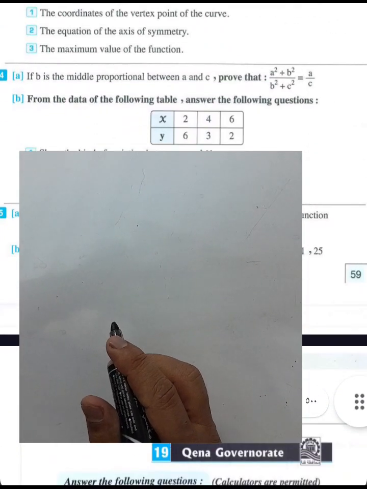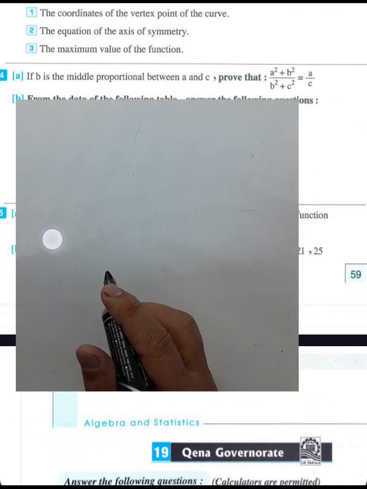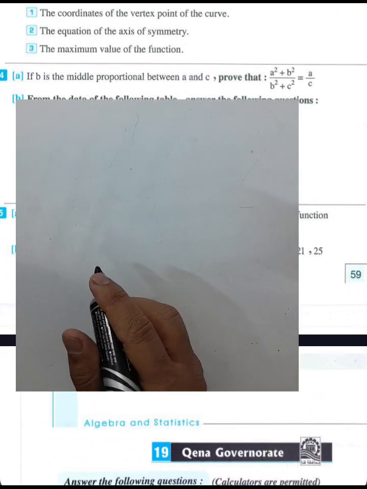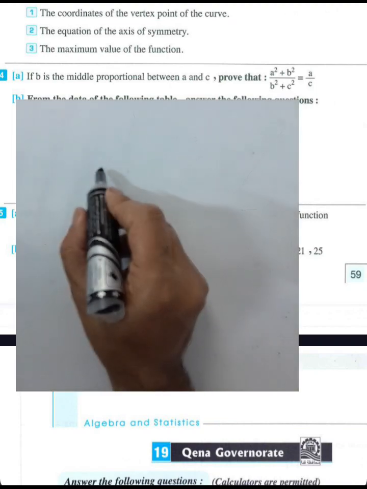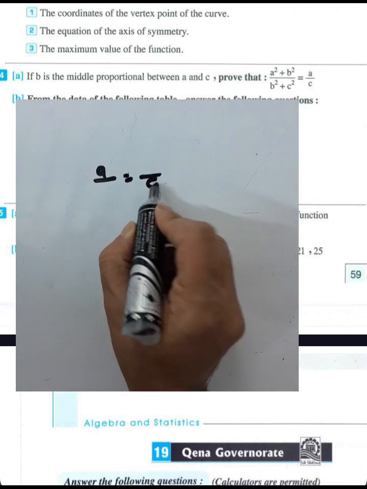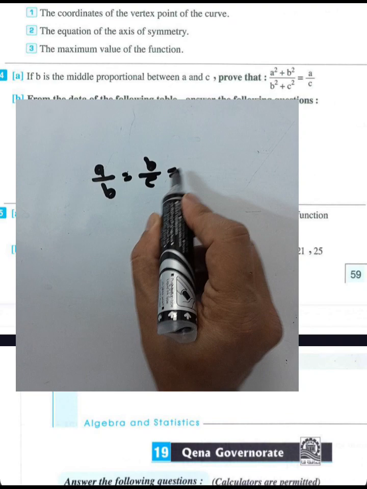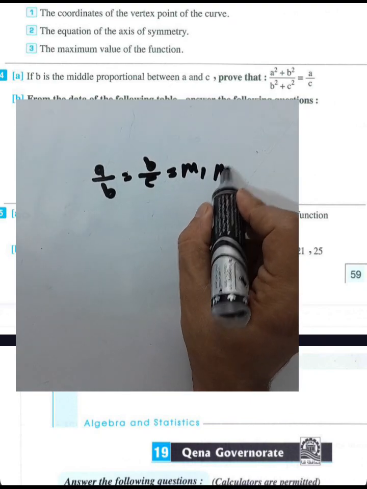Next question. Number 4, letter A. If B is the middle proportional between A and C, you can write B in the middle, and then write the constant m, and m not equal 0.